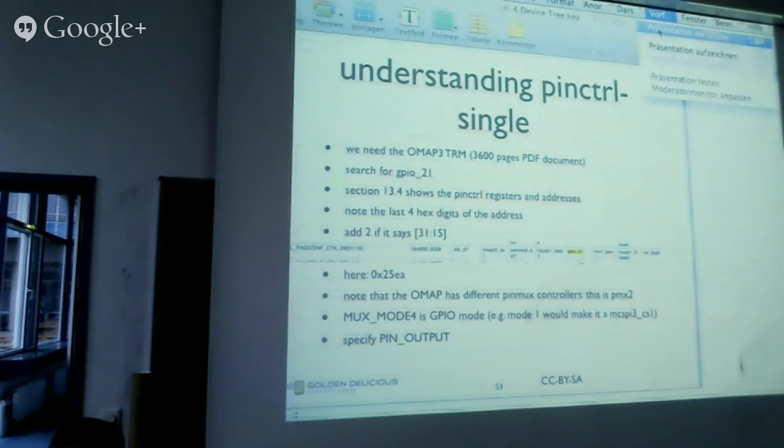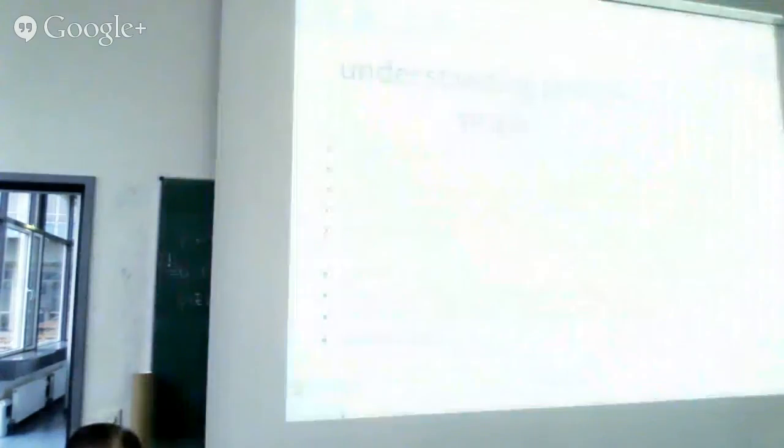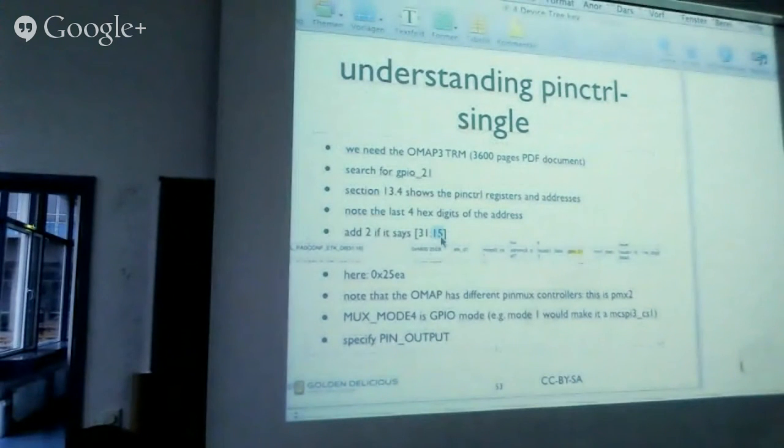So let's go back to this. I already had copied this line. So we see the address 25E8, and we have to add 2 if it says 31:16, obviously. Yes. Let's change it immediately before we forget.